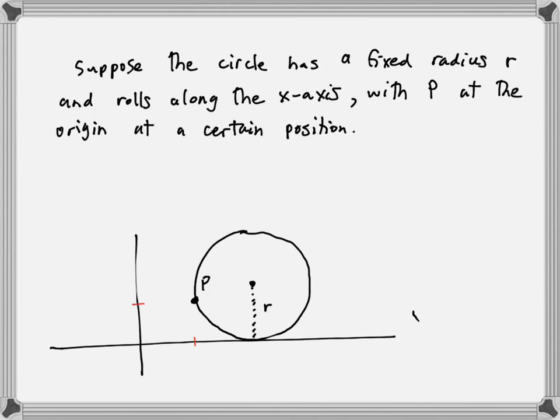Okay. What else can we say? Well, we're trying to figure out the angle here. That would help. And so what we want to do is choose the parameter now.